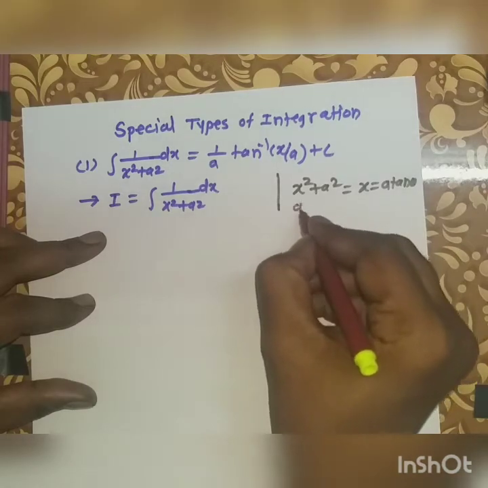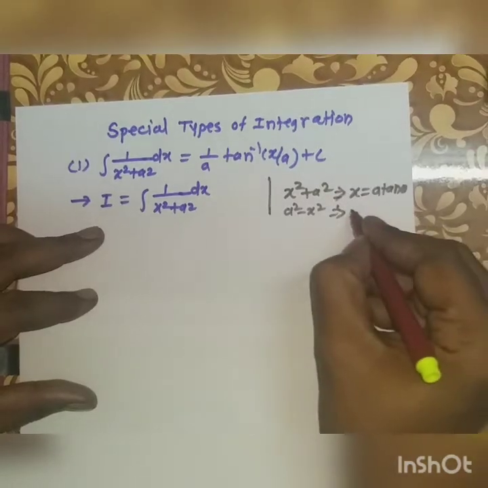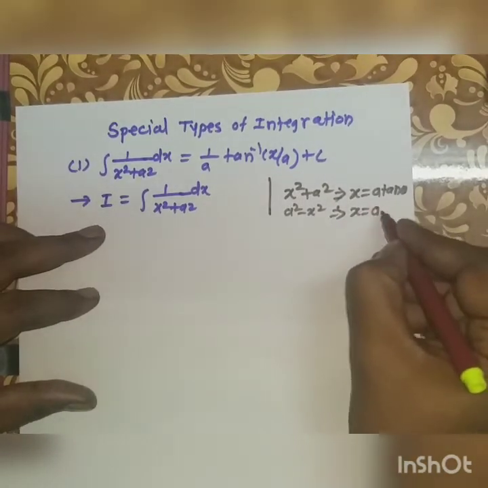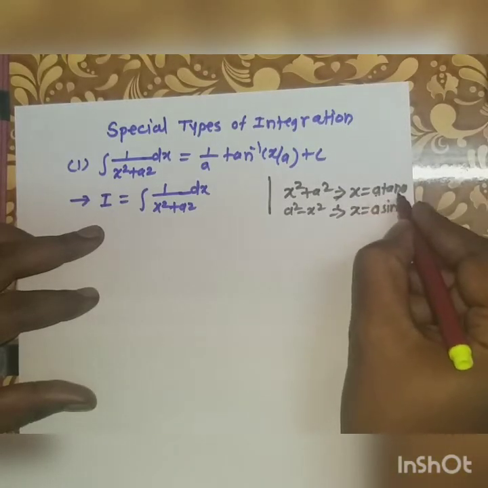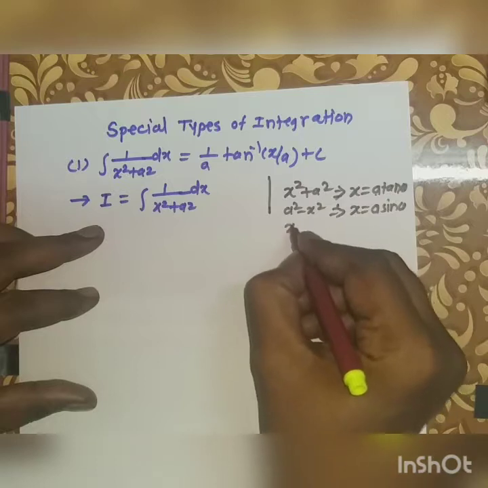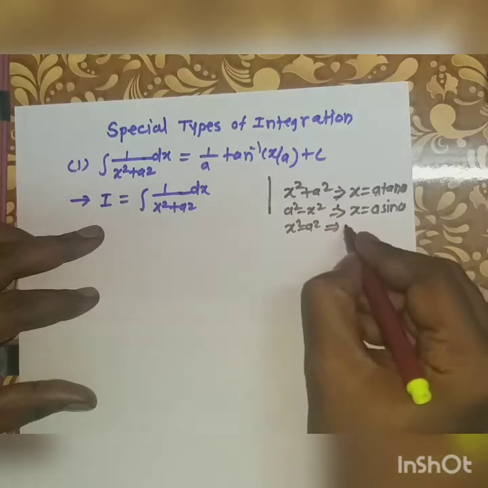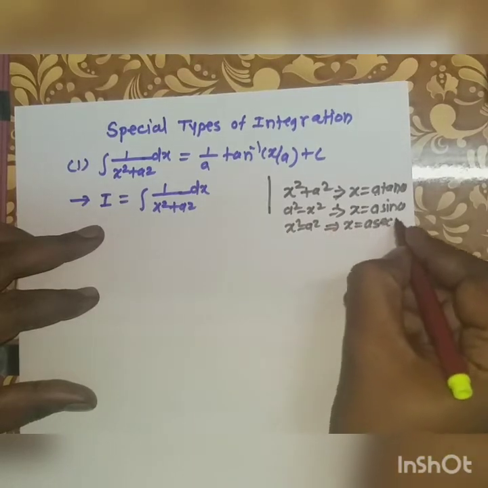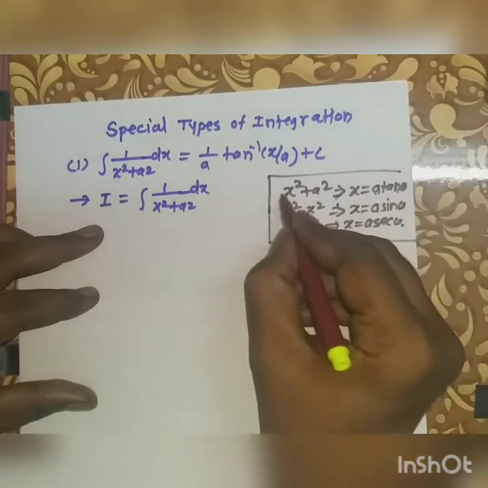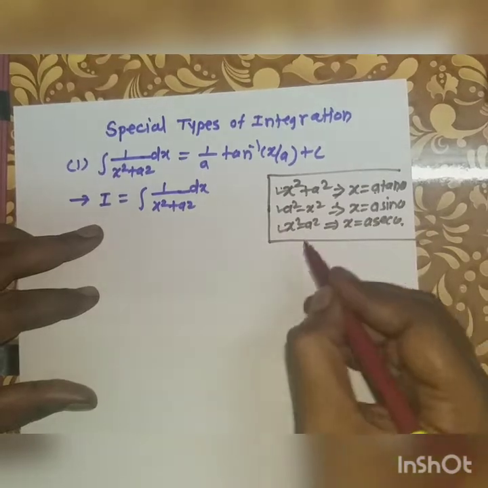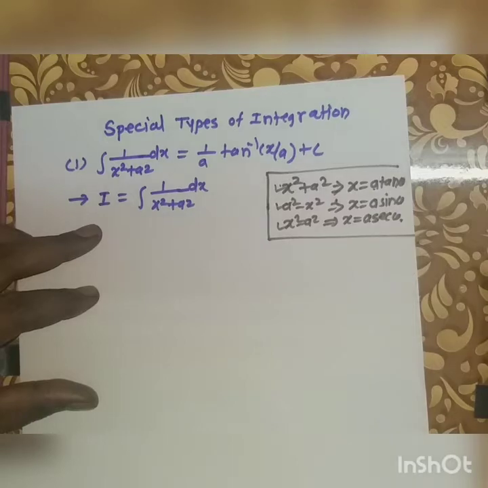If a square minus x square, then the substitution x is equal to a sin theta or a cos theta can be applied. If x square minus a square, then we substitute x is equal to a sec theta. Now these are the substitutions. If these left hand sides arise in any example, then we apply the substitution.